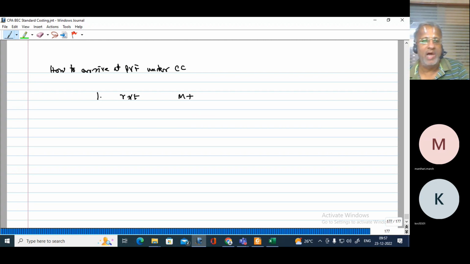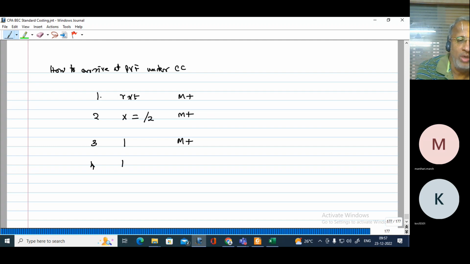Second step, into equal to, then divided by 2, memory plus. Step 3, 1, memory plus. Step 4, 1 divided by memory recall is going to be PVF.